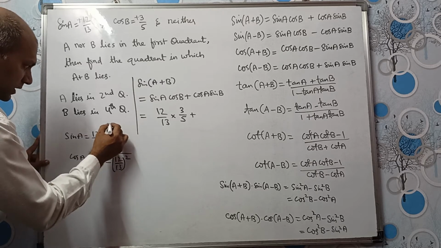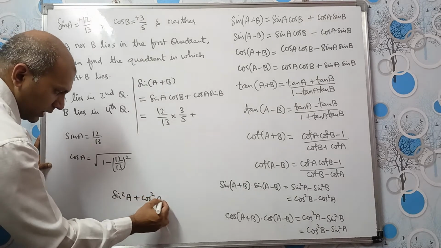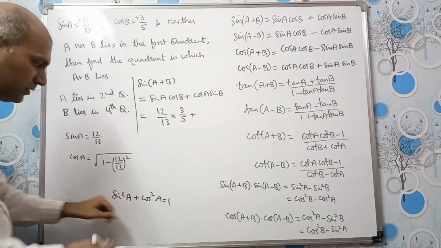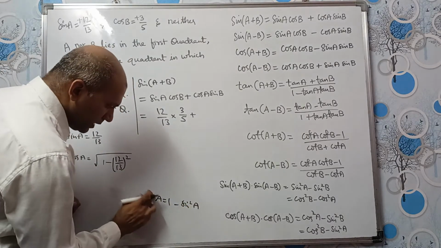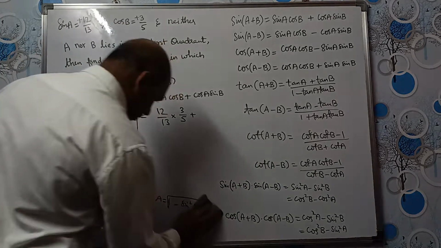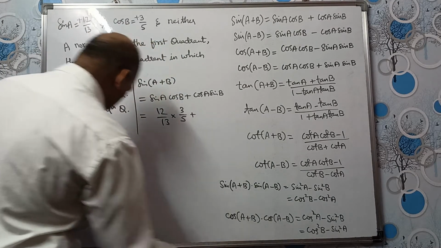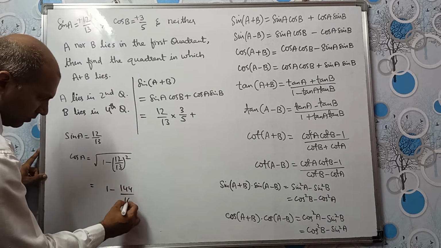See, we are using this identity: sin square A plus cos square A is equal to 1. To find the value of cos square A, let us send sin square A to the other side, and the square goes to the other side and becomes root. We are using that identity, right? Okay. Let us write the sign afterwards. So this is 1 minus 144 by 169.